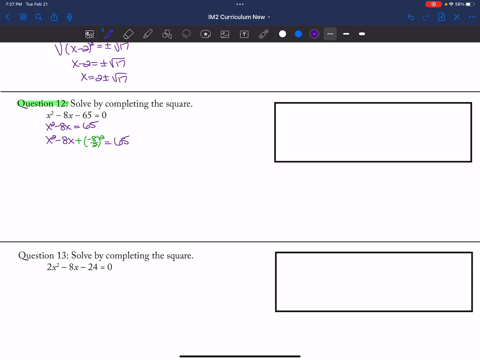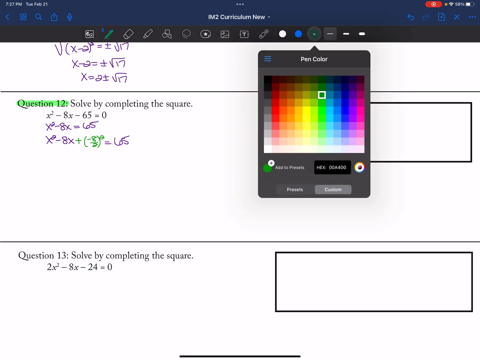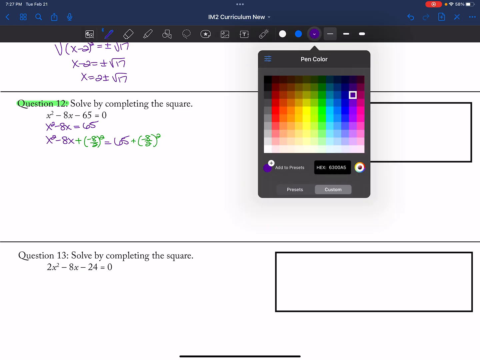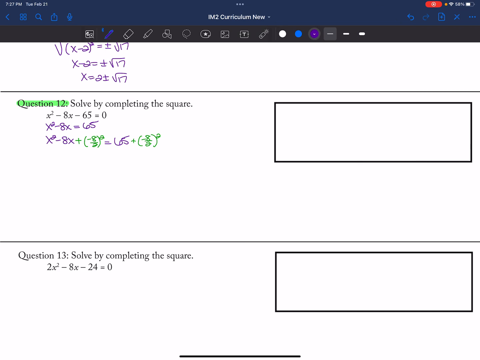So this is 65. And then I am adding negative 8 over 2, the quantity squared. So then I'm left with x squared minus 8x plus 16 is equal to 65 plus 16.